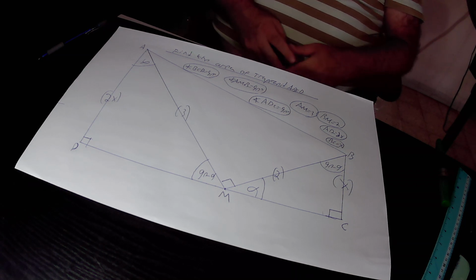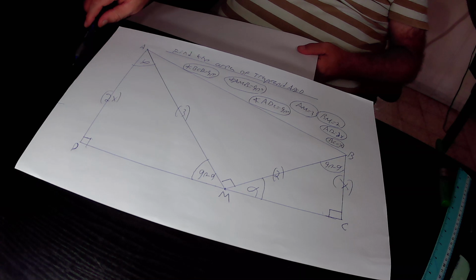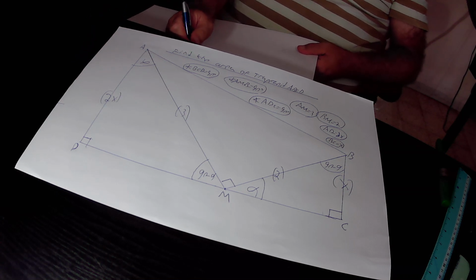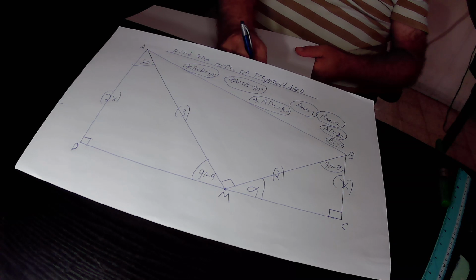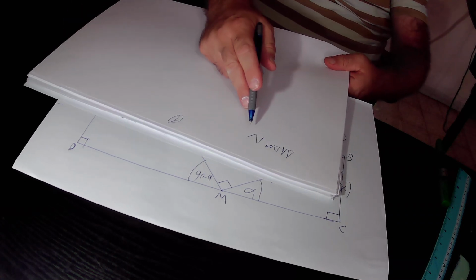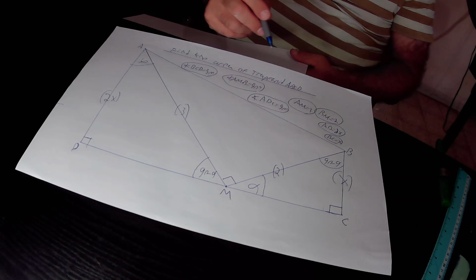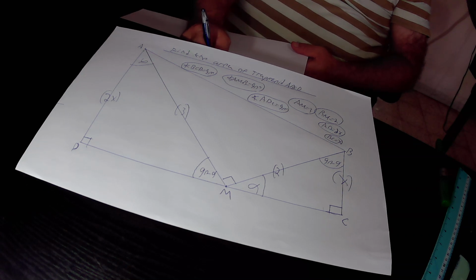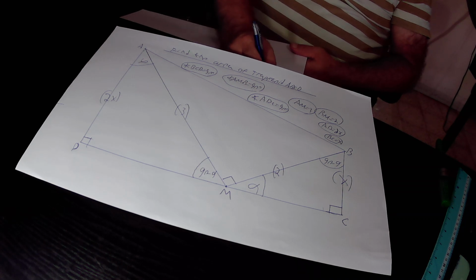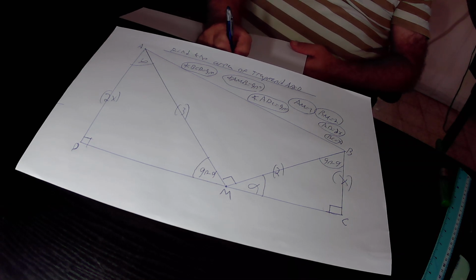So I write it down. This is the big right triangle ADM, and it is similar, this is the sign of similar, to this small right triangle BMC, according to the angle similarity rule.